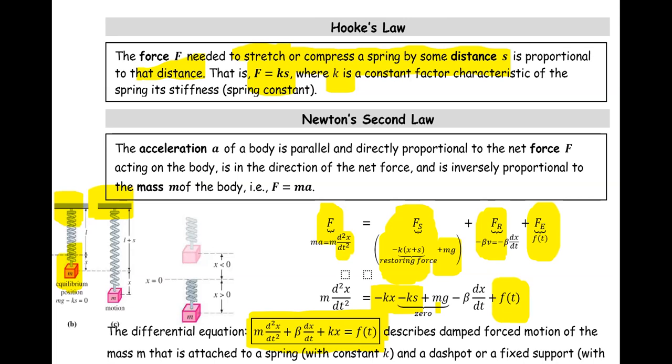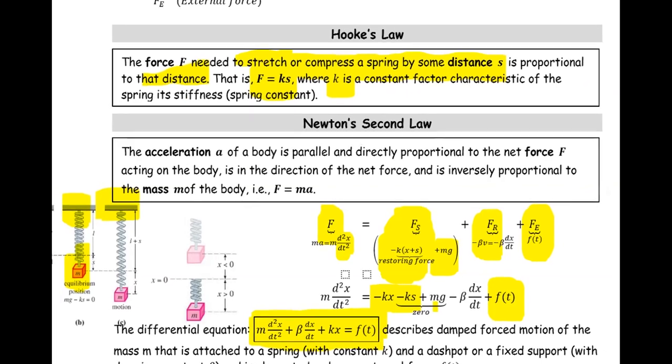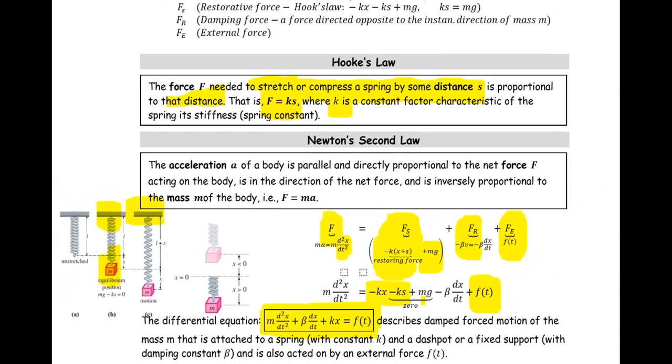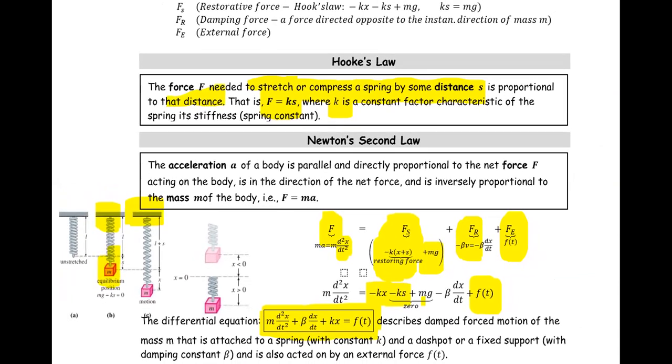So it becomes the three terms that you are familiar with, I'm sure, the second order differential equation: m x double prime plus beta x prime plus k times x equals f of t. If f of t is not zero, we have the non-homogeneous equation. If f of t is zero, we have homogeneous.